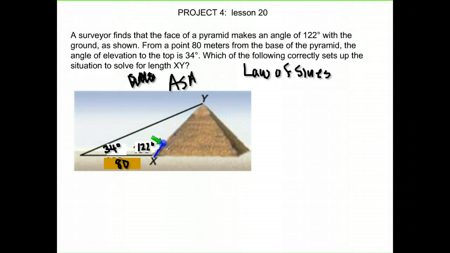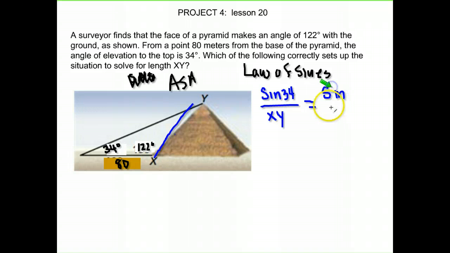I'm looking for the length of xy here, which goes with my 34-degree angle. So I write the sine of my angle, 34, over the length of the side across from it, which is my side xy, should be equal to the sine of another angle in the triangle over the side across from it. Well, I didn't want to use this angle right here. The reason being I don't know its measure for its side.